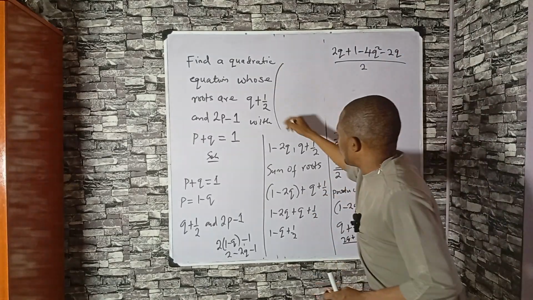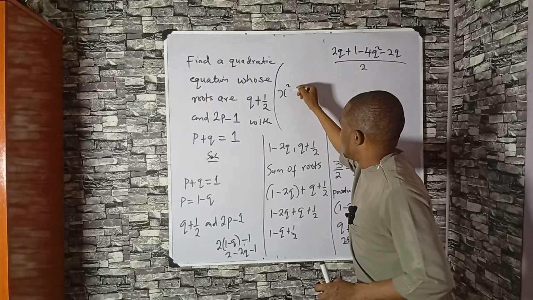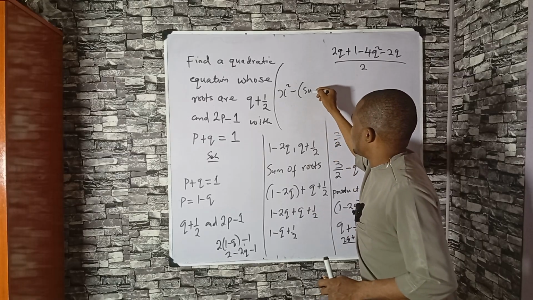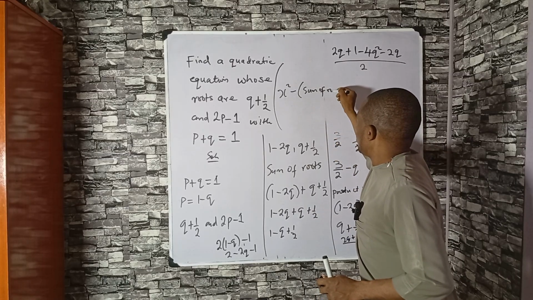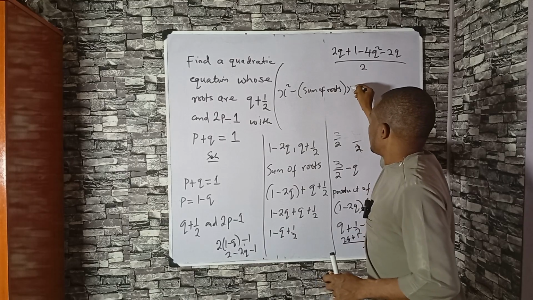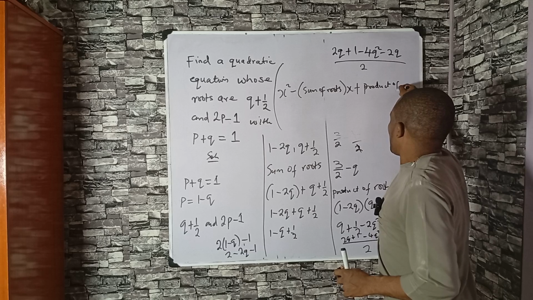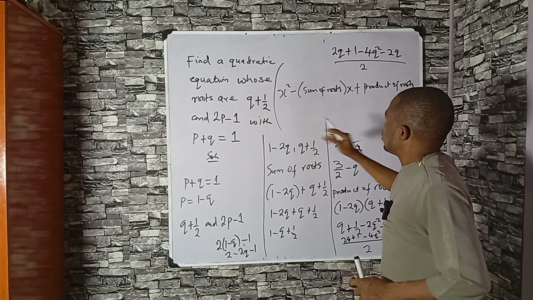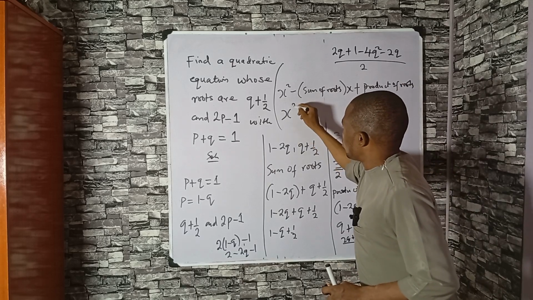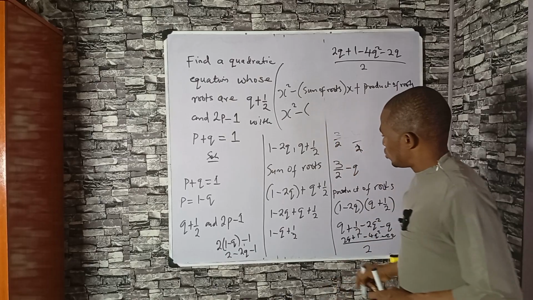Now the quadratic equation is given as x squared minus sum of roots times x plus product of roots. So the final answer is down here: x squared minus sum of roots.